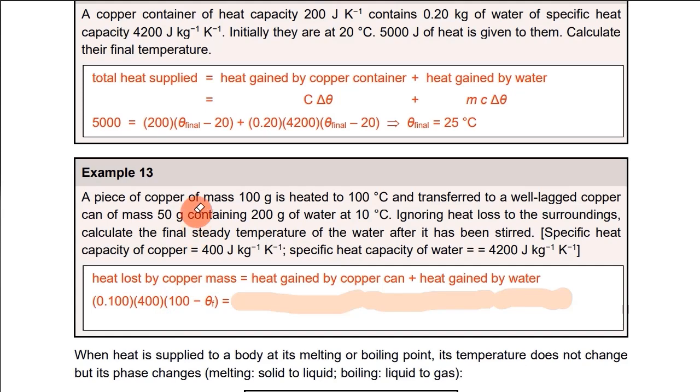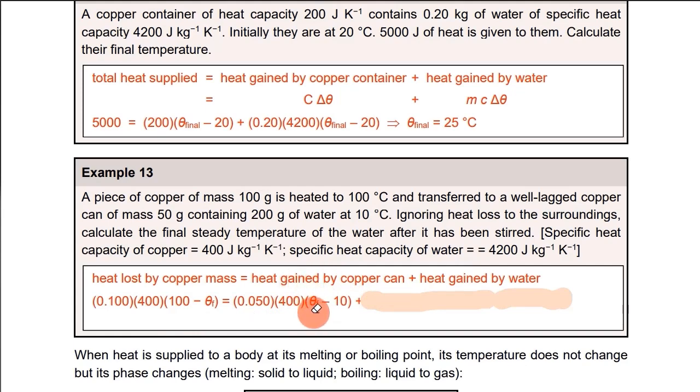This is different from the previous example where for the change in temperature, we used the final temperature minus the initial temperature, because that was heat gain. In heat gain, the final temperature is higher, so we take the higher value minus the smaller value. Then this equals the heat gain by the copper can. This time it is heat gain, so the final temperature will be higher.